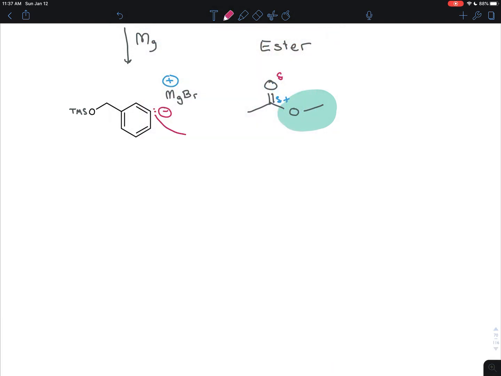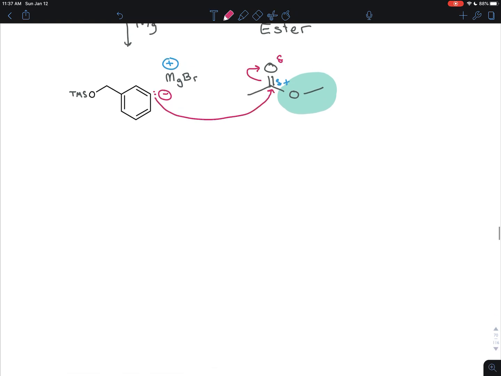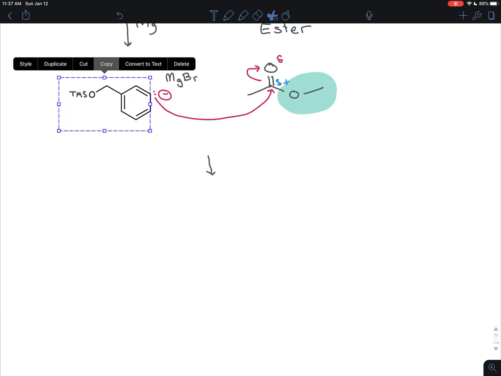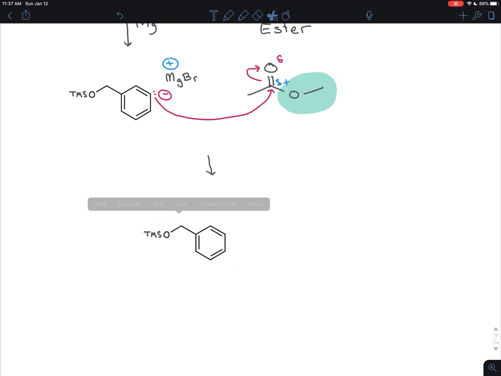And so this carbon nucleophile can swoop in, attack the carbonyl carbon, the pi bond breaks, the electrons go up, and you would have what's called a tetrahedral intermediate. So what you'd have here is a new bond to this, the other methyl group is there, the oxygen is there, now with a full negative charge, and the oxygen with the methyl group is there.